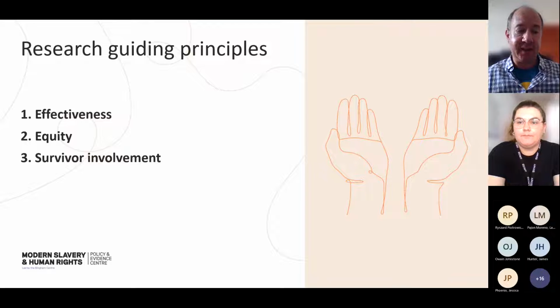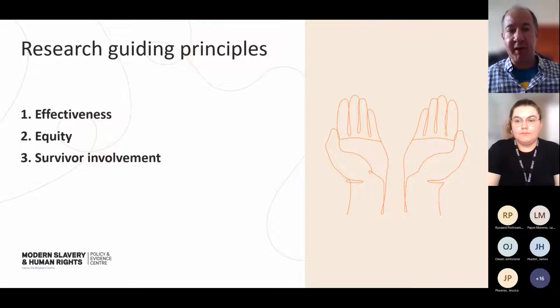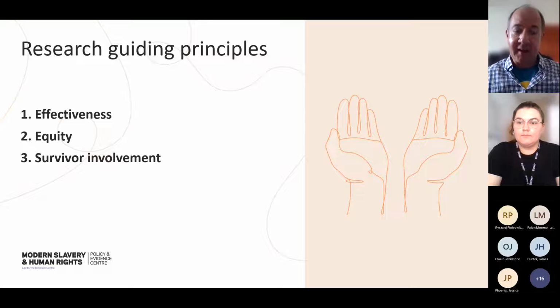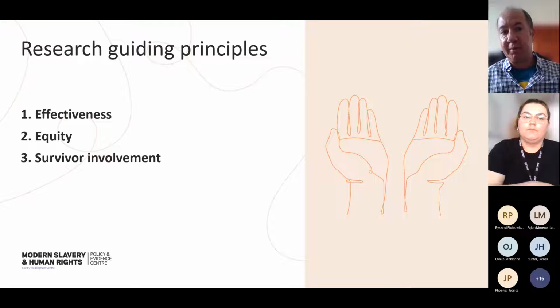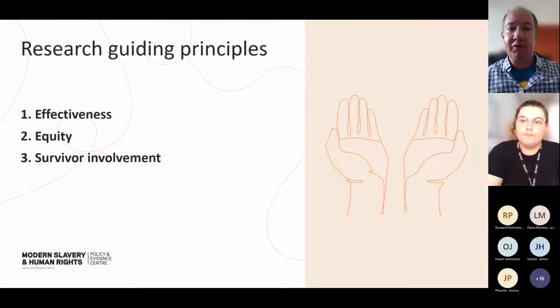So that means not just thinking about the structural causes of modern slavery, but also how the research is conducted, making sure that the research is conducted in an equitable and ethical way. And that brings us on to the third principle, which is involving those with lived experience in the research itself, not just as participants, but thinking about how we can include people most affected in the actual research process.